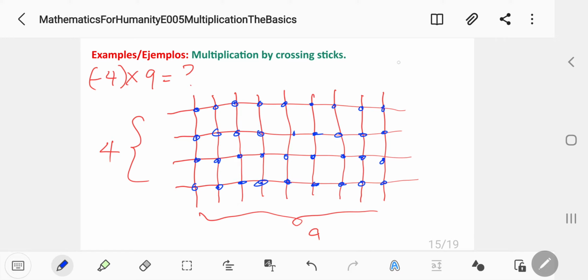So since this is -4 times 9, this is equal to 36, but it is negative because you are multiplying a negative and a positive number.